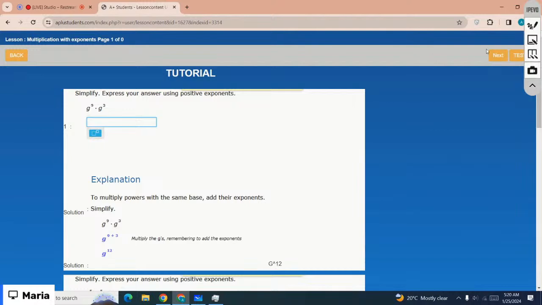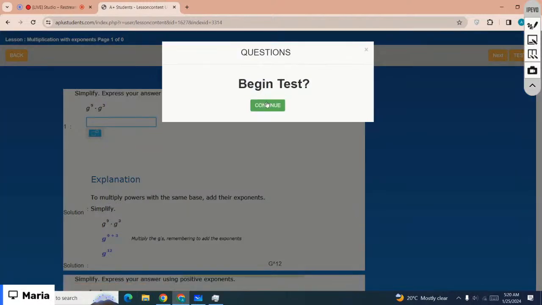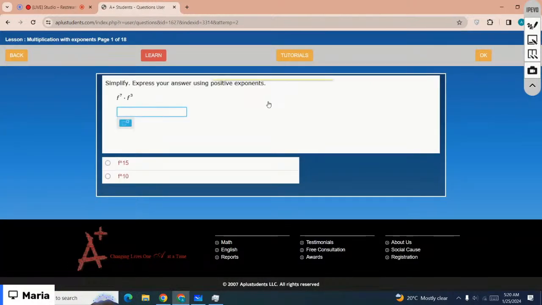Let's just start with the test question. Okay, simplify. Express your answer using positive exponents. F exponent 3 times f exponent 7. So which is the correct option?